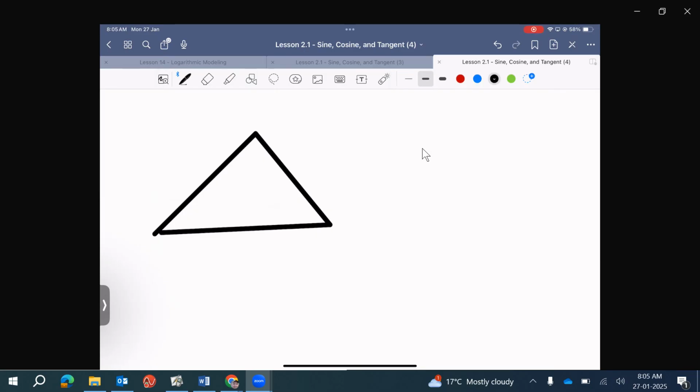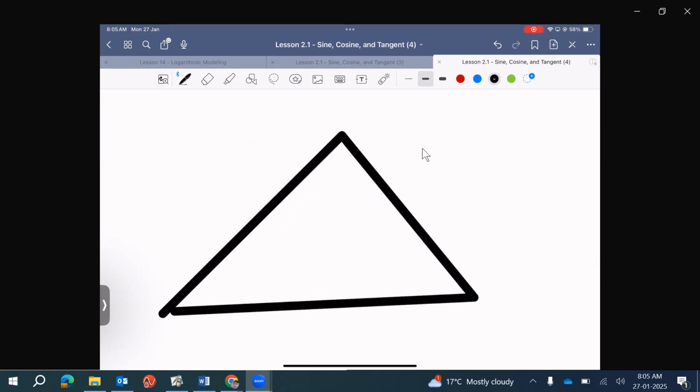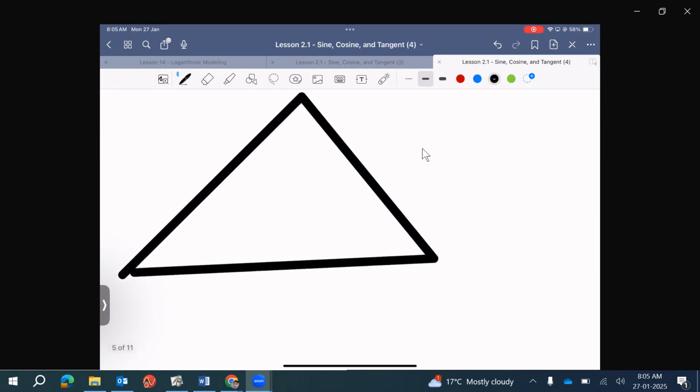What is the angle in an equilateral triangle? This is 60 degrees, isn't it? If I cut this in half like that, this angle would be 90. What would the angle at the top be? This would be 30.